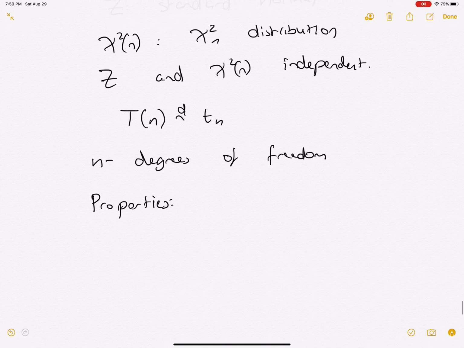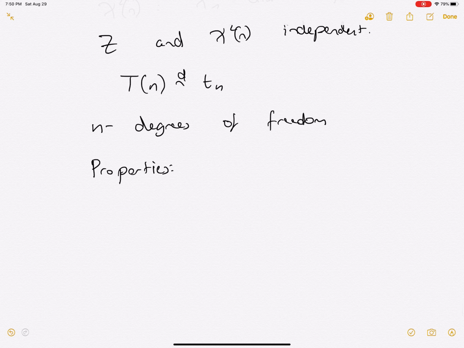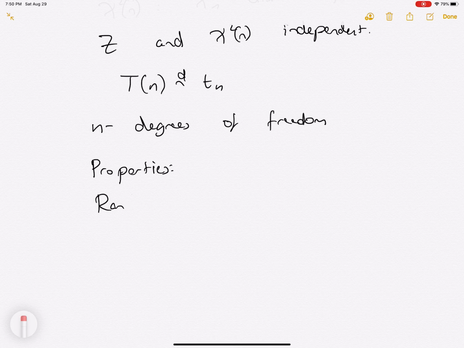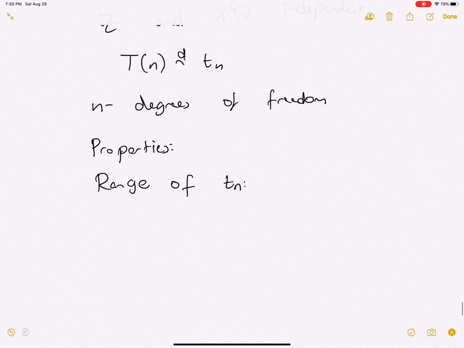And now we'll look at some of these properties. So what's the range here? We've got a standard normal, which has support of negative infinity to infinity, and we're dividing it by a non-negative number.